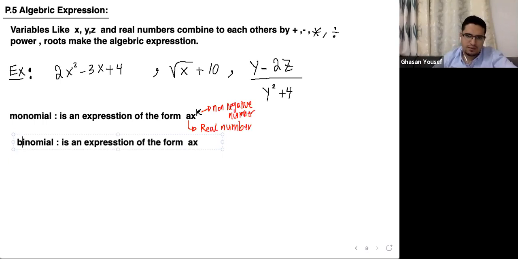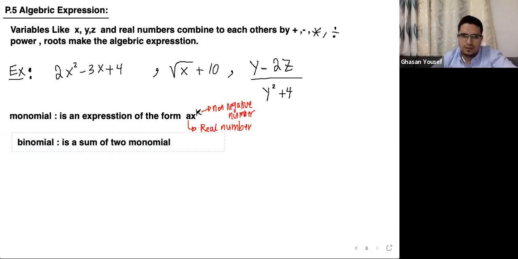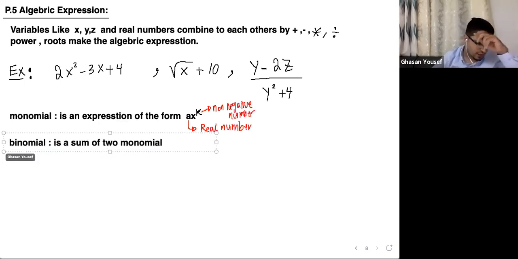It is an expression that is the sum of two monomials, two terms of this form, and between these two terms there is a sum. The third one is called a trinomial.